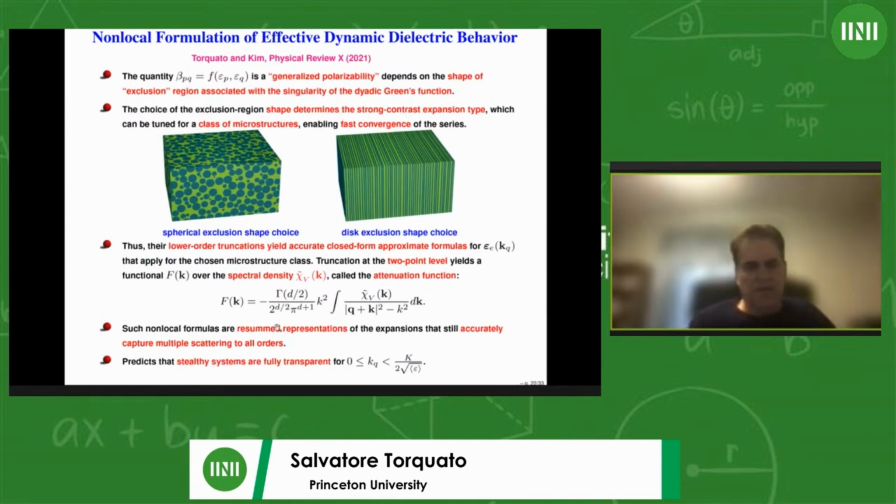And so you can view these non-local formulas, and I mean the truncated forms, as resummed representations of the expansions that still accurately capture multiple scattering. And this theory predicts, when you truncate it at the second term, a fully transparent regime for these incident wave vectors. And you can see that it involves capital K, the cutoff.